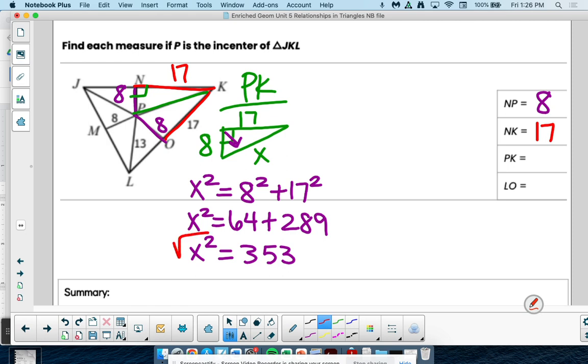And we have to take a square root. Let me know what you get. It's going to be a decimal. 18.8. We agree? 18.8?